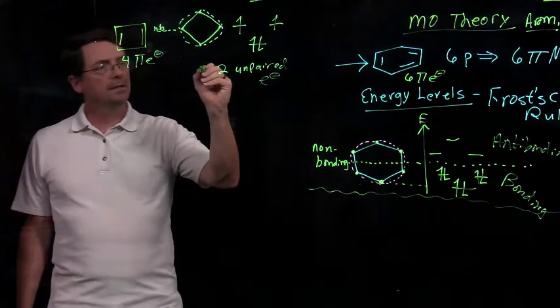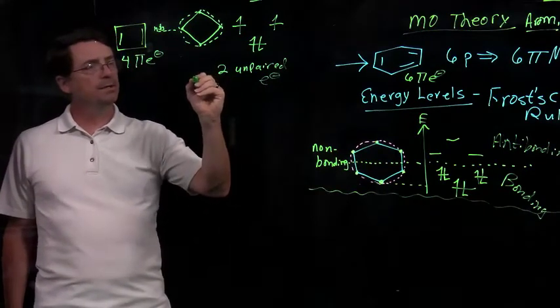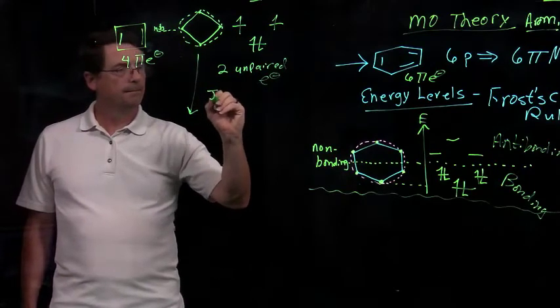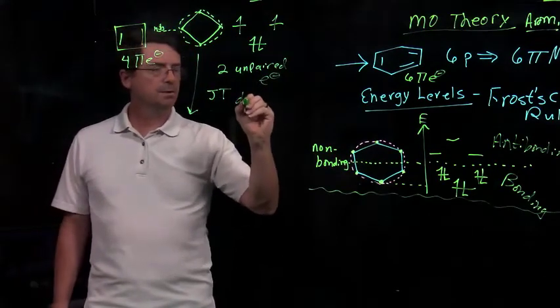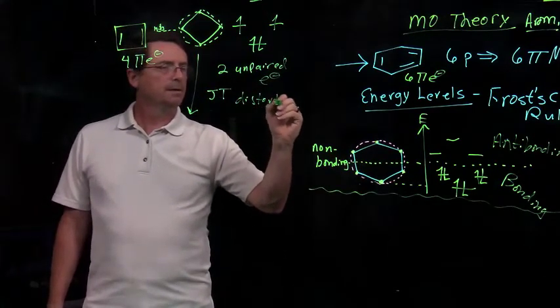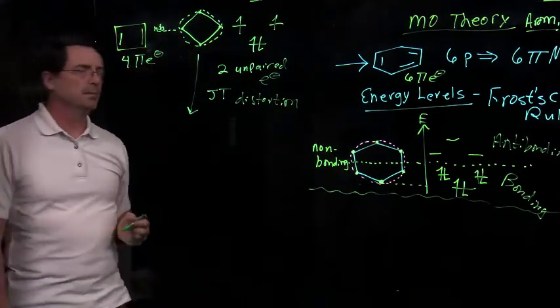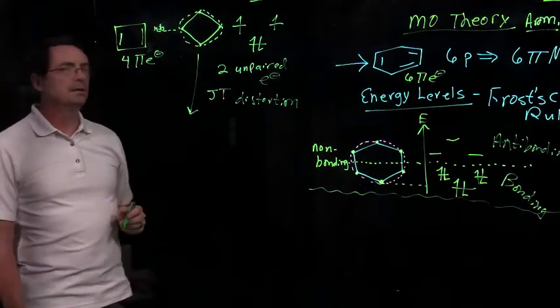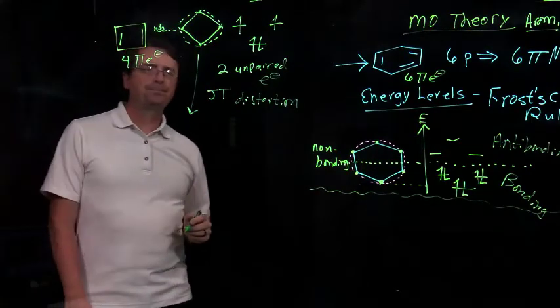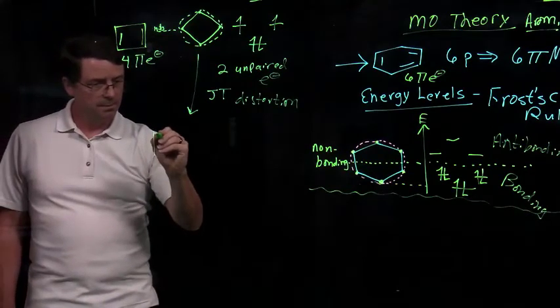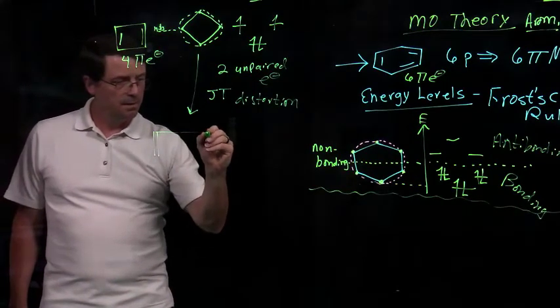It turns out that this undergoes what's called a Jahn-Teller distortion. I won't get into the details of that in this class, but for you to know, Jahn-Teller, that chemist Teller, is actually the same Edward Teller of the hydrogen bomb.